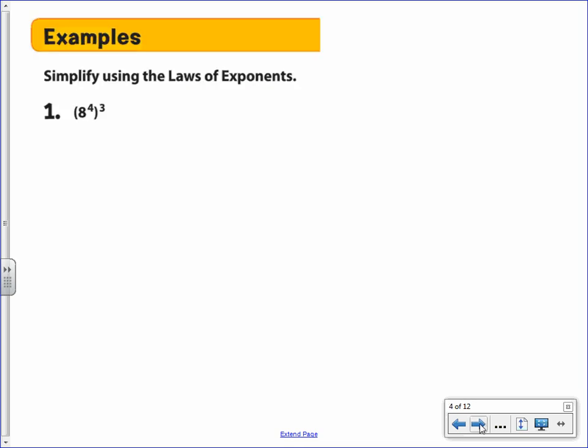Simplify using the law of exponents. I have 8 to the 4th in parentheses, that's a power, and I'm raising it to another power. If I think of my rule, I know that parentheses mean multiplication, but I have a power here, and I'm going to keep the base, and I'm going to multiply the exponents.